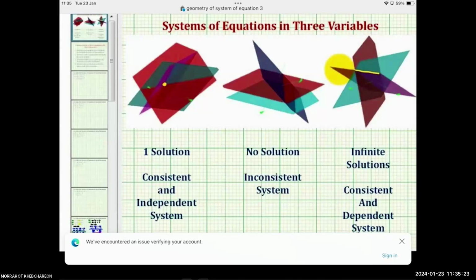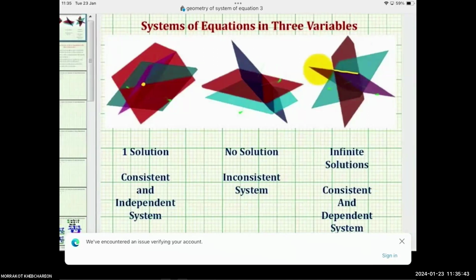But the second one, you might have 2 planes parallel to each other and 1 plane cutting. So you will have 2 lines, okay? So those 2 lines are parallel to each other. So this is no solution, okay, because no intersection point.